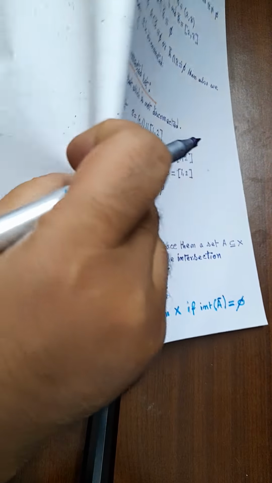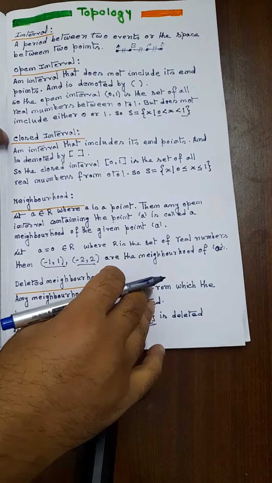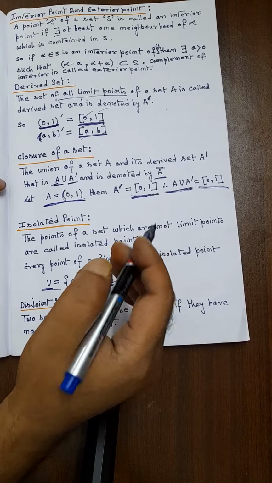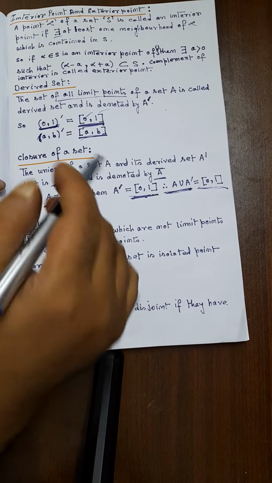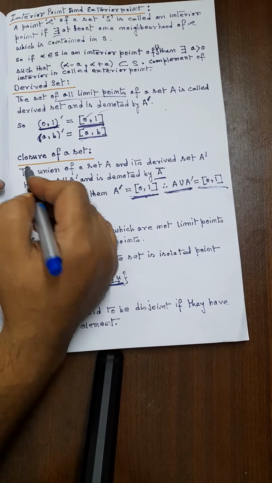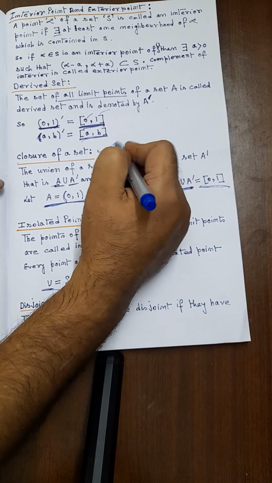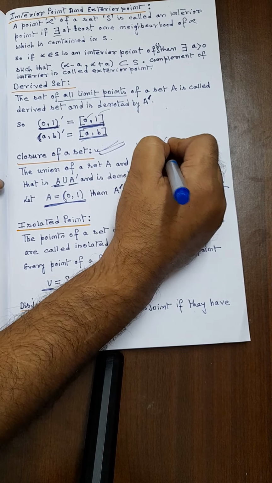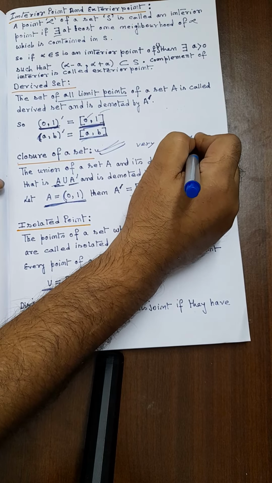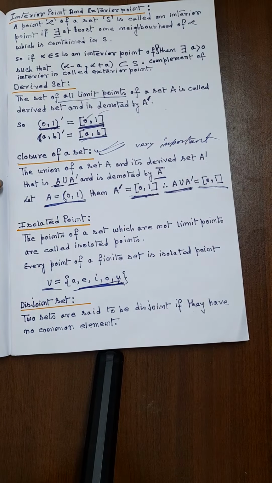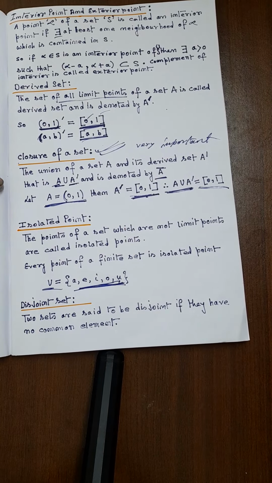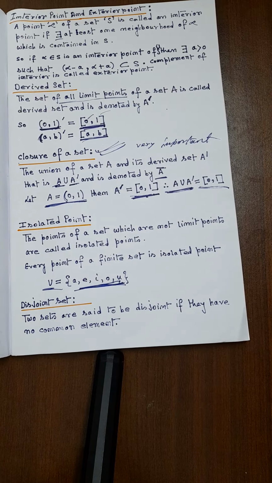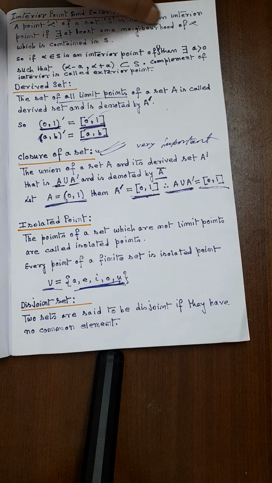These are the closure of the set. And how do we get the closure of the set? You need to know what the derived sets are.